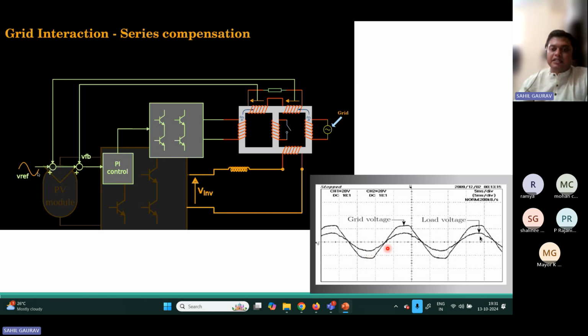But here, this grid voltage is not sinusoidal. So the other way they have done it is using this converter for series compensation, feeding harmonic compensation, and the voltage appearing across the load is sinusoidal.